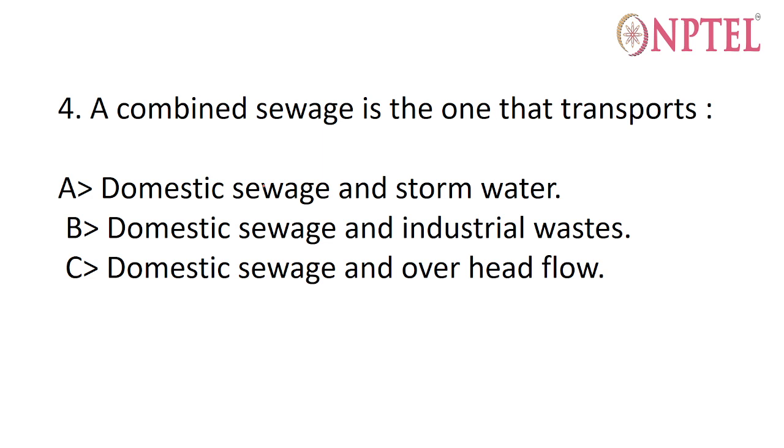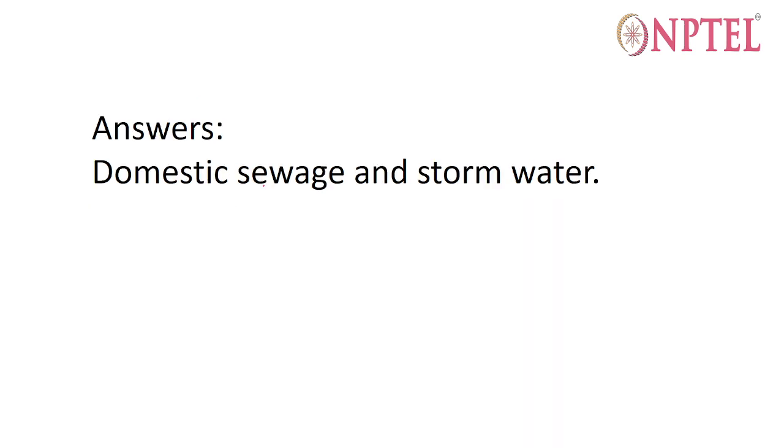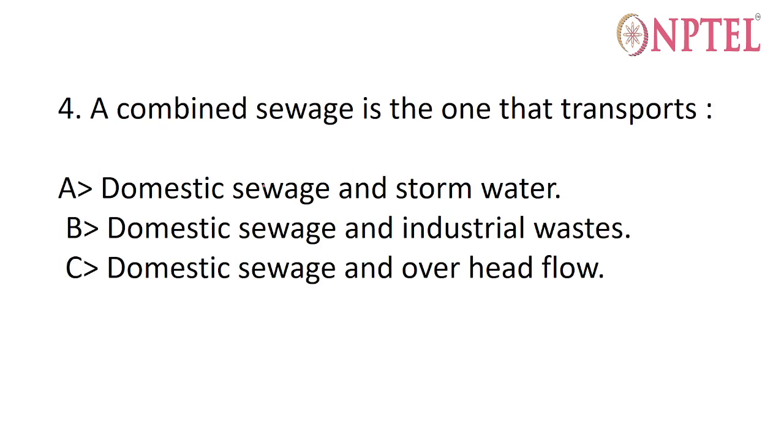Okay, we'll move forward. So the correct answer is domestic sewage and stormwater. It's A option, right? It's not with industrial waste, because generally industrial waste has different characteristics than domestic sewage.